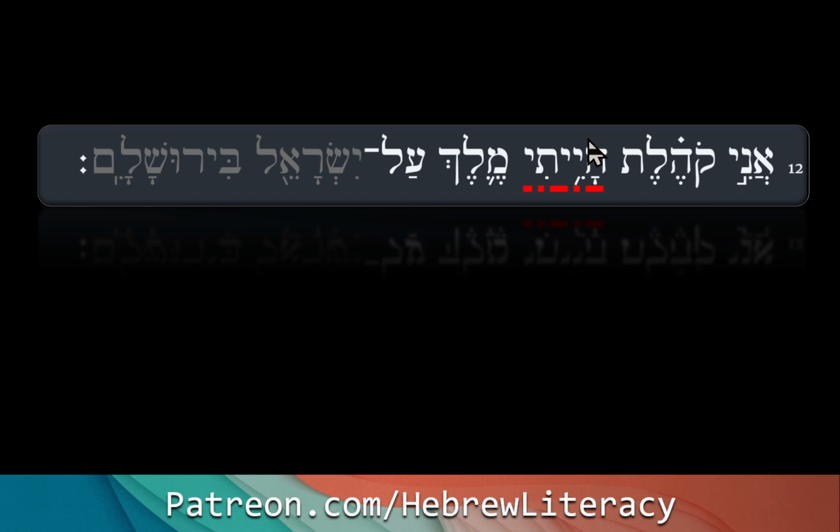Hayiti, I'm starting to put some more symbols here that I'm going to be using in the resource I'm making for you guys. So here we see a dashed red line. That means it's a perfect verbal form. It's a perfect form of the verb, if you like to remember that. Okay? And it says hayiti, so that's from the verb haya, meaning was.